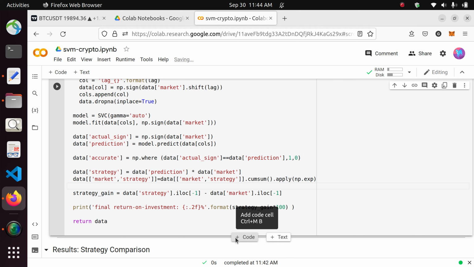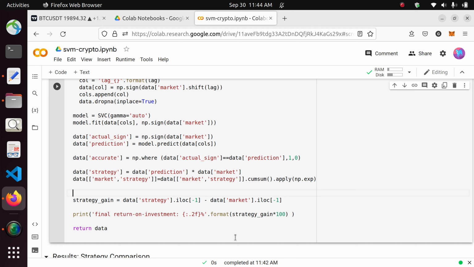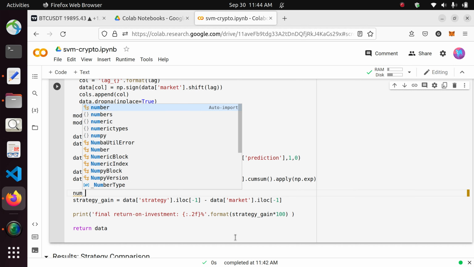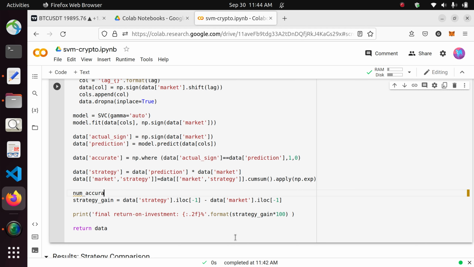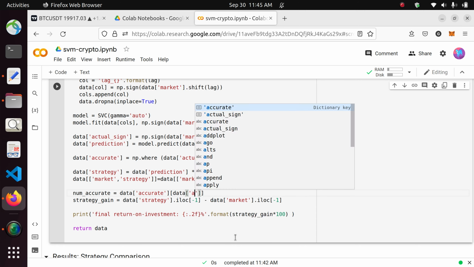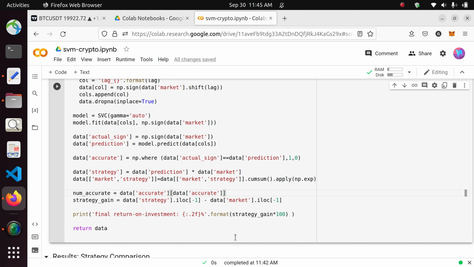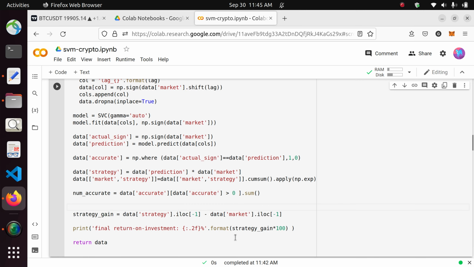Now it's helpful if we go a little bit beyond that and look at how many we really got right. So we can call that number accurate. Number accurate would be equal to data accurate where data accurate is greater than 0, or equal to 1, and then the sum of that.